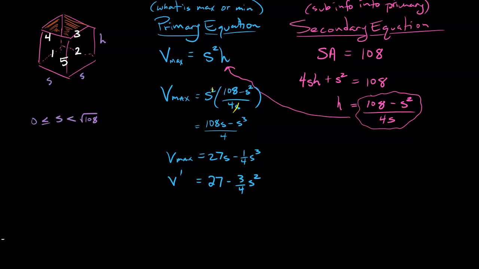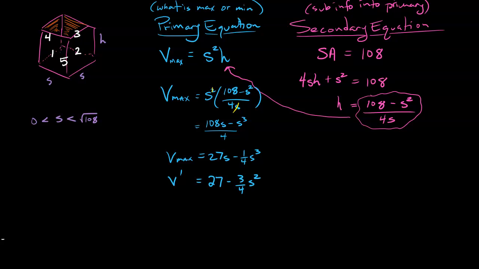Okay, underneath the picture, I wrote some constraints on here. Some of the problems you guys are going to get will have a set domain. Some of them won't. On this one, our original problem said the surface area could only be 108 square inches. So I'm working with S right now. The smallest S can be is basically right above 0.